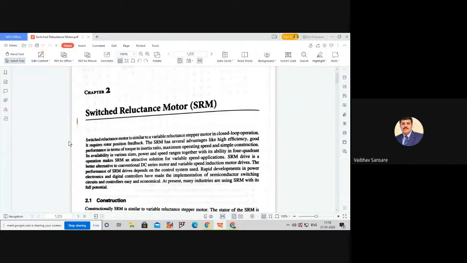In closed loop operation, after each pulse the position of the rotor is sensed, and this position is given as feedback to the input sequence controller, which generates the required sequence for the operation of the variable reluctance stepper motor. Basically, the second pulse is given only after the first pulse operation is completed.